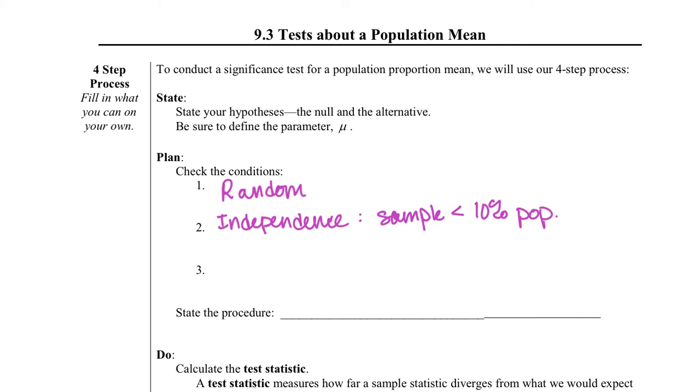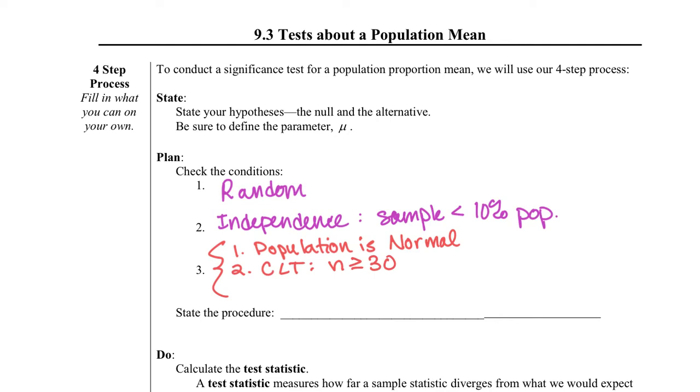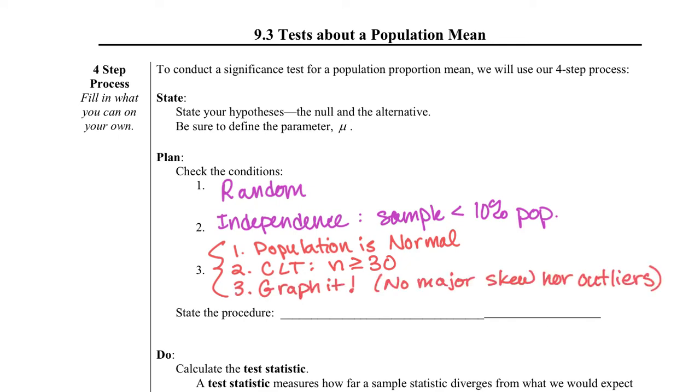And the third one, for means, is a little bit trickier. First, check to see if your population is normal. If your population is normal, then your sampling distribution will also be normal. If it is not stated to be a normal population, then check the central limit theorem. It says as long as your sample size is sufficiently large, and we read that as being 30 or larger, then you can assume a normal distribution.